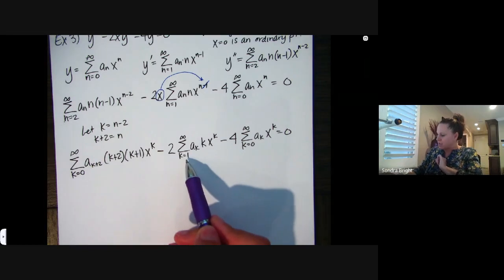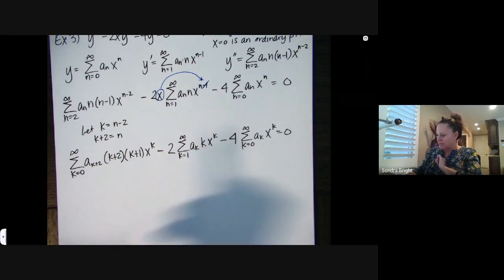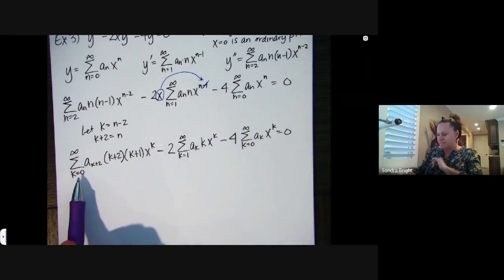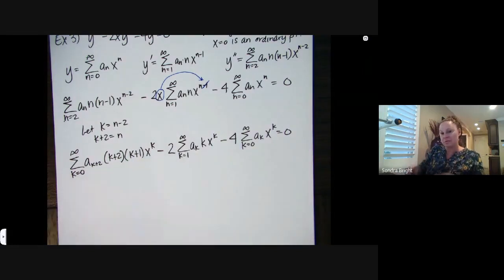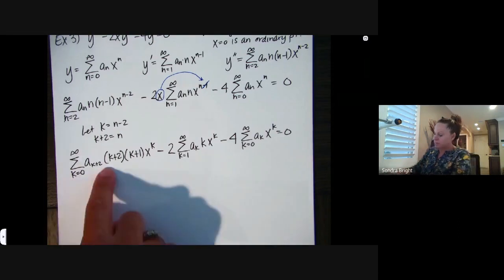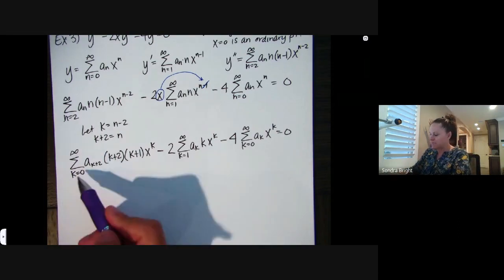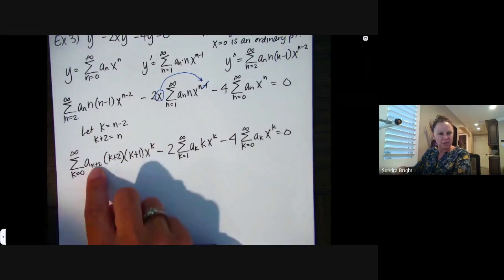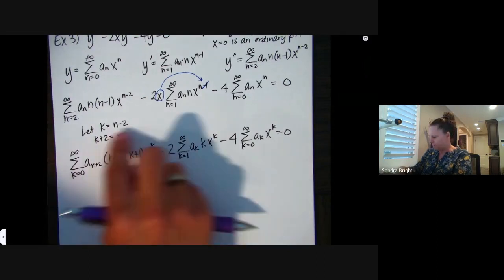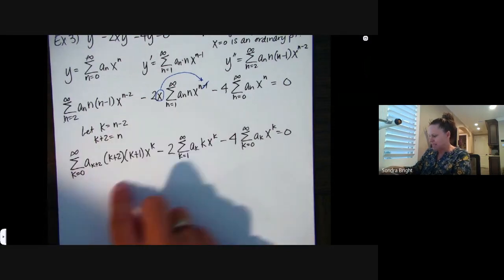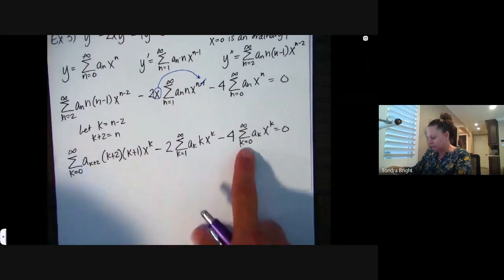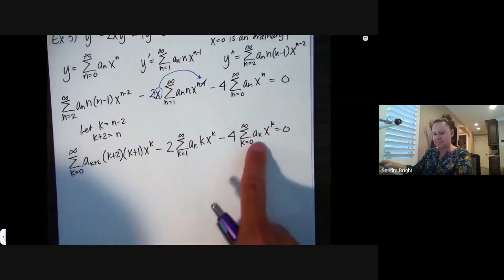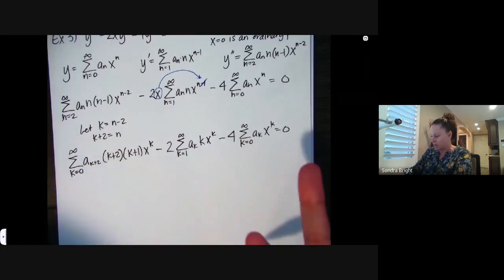So if I plug in a 0 into my k's on this guy, then once you plug in a 0, the next thing you would be doing is plugging in a 1. So I'm going to plug in the 0, and then I'll still have this series notation, but now I'll be starting with a 1 here. This one already has a 1, and then this one has a 0, so I'm going to do the same thing here. I'm going to start by plugging in a 0, and then the next part of the series would be having a 1 as the index.